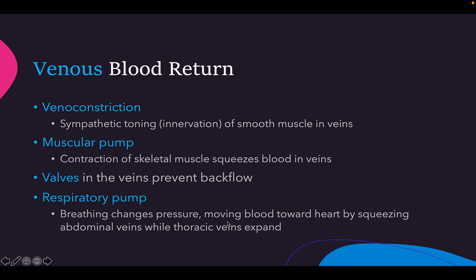And so it decreases the pressure in that area, allowing blood to just flow in. And it also squeezes the abdominal veins below that thoracic cavity, helping decrease the pressure even more in the thoracic cavity. So basically just what you need to know is what this says is breathing changes the pressure, moving the blood toward the heart by squeezing abdominal veins while the thoracic veins expand. And this is because of lower pressure in the thoracic veins compared to the abdominal veins.